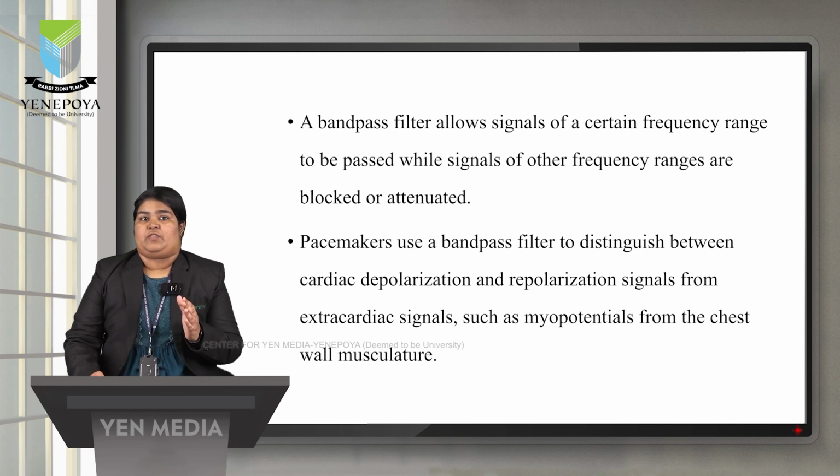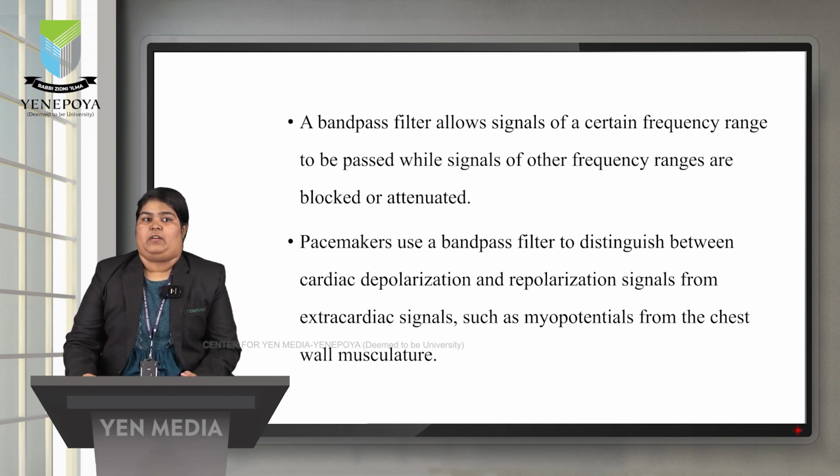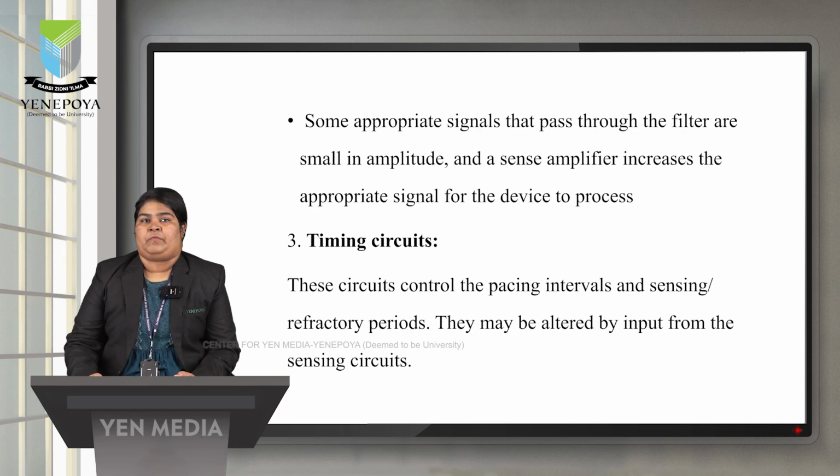This is mainly to distinguish between cardiac depolarization, repolarization, and also the other extra myocardial signals, such as the chest wall musculature signals and the myopotentials. Sometimes the appropriate signals passing through the filter may not have the required amplitude. At that time, the sense amplifier increases the signal's amplitude, and the device processes it and we get the output signal.